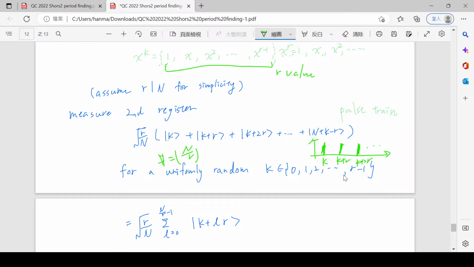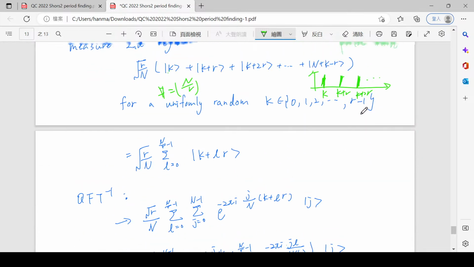And it's very well known that if you do a Fourier transform on a pulse train, you get another pulse train.